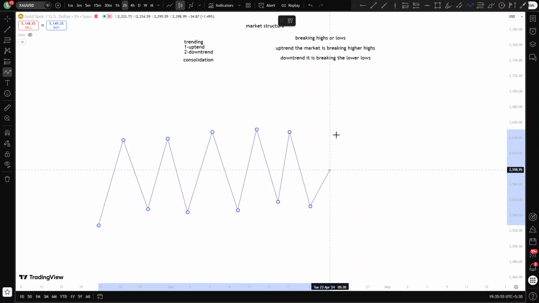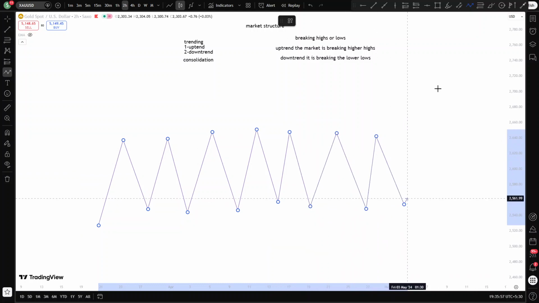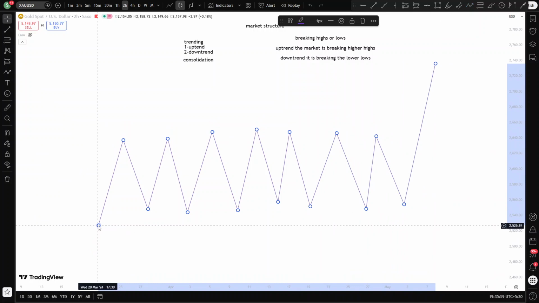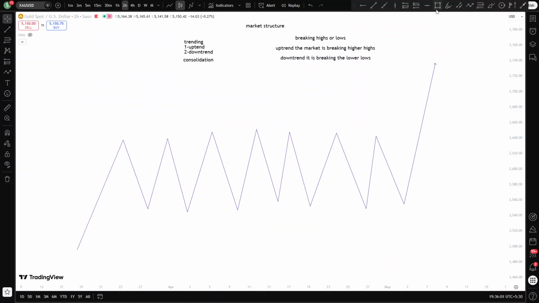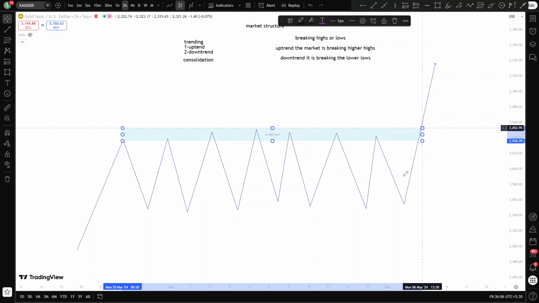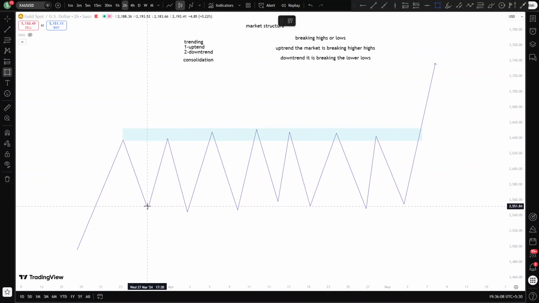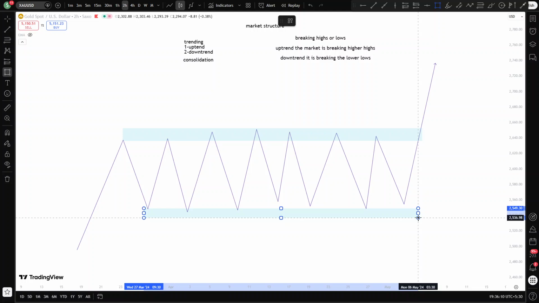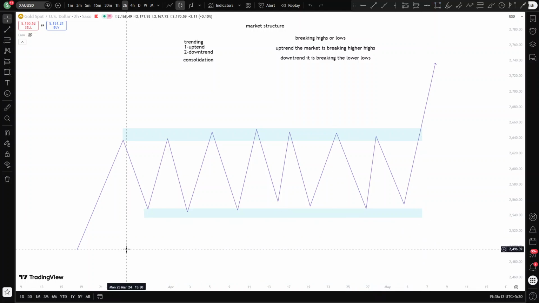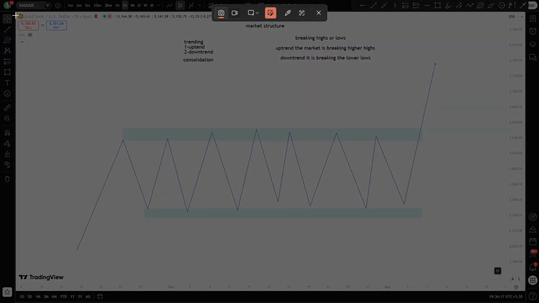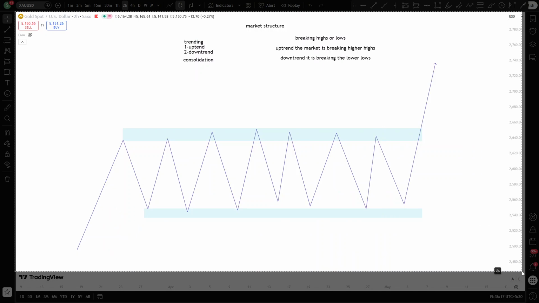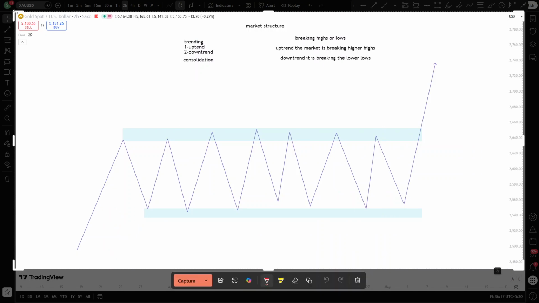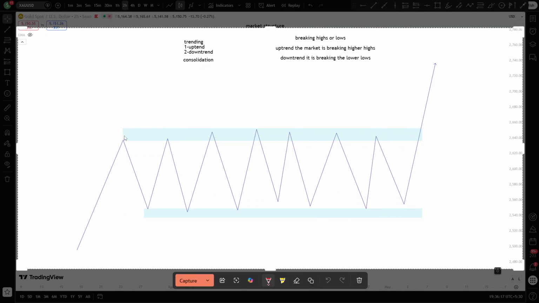When the market is just moving like this, it is in consolidation, because it's not breaking any high or any low, it's just in between.